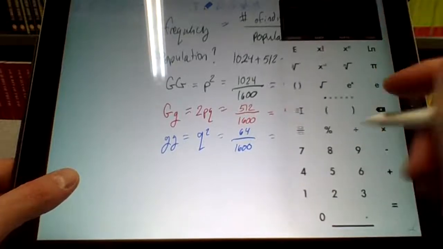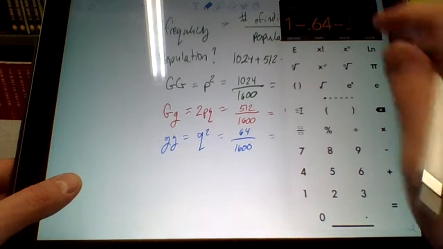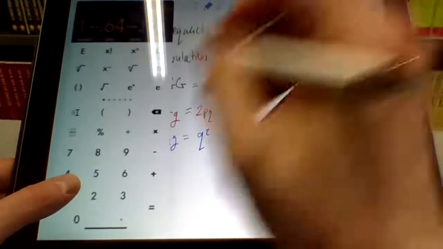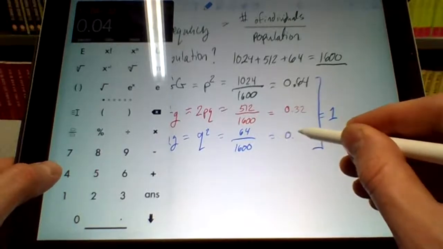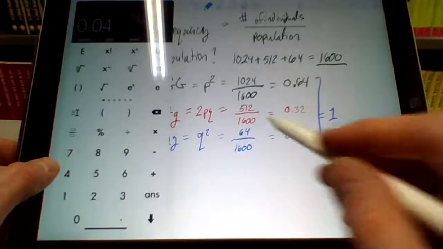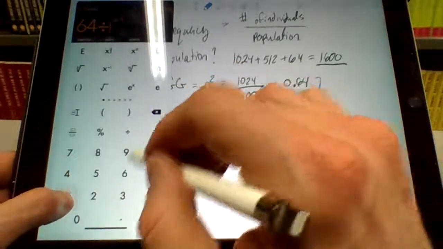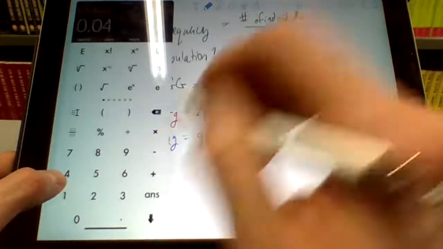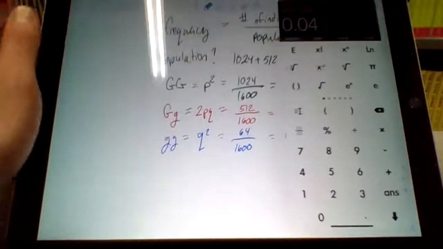Let's see what that would look like. We would go 1 minus 0.64 minus 0.32, and we would find that this value should be 0.04. If we did 64 divided by 1,600, we also get 0.04. So that's confirmed.